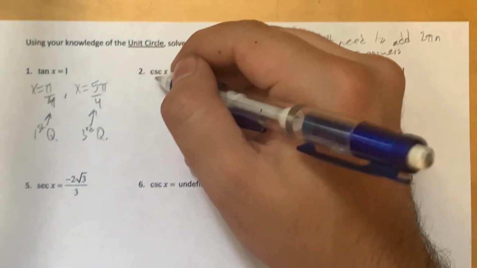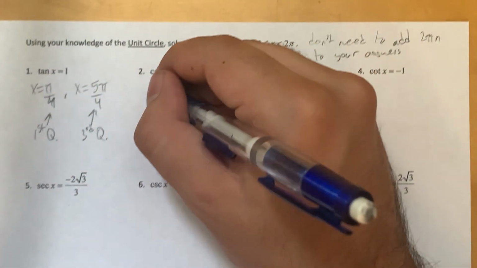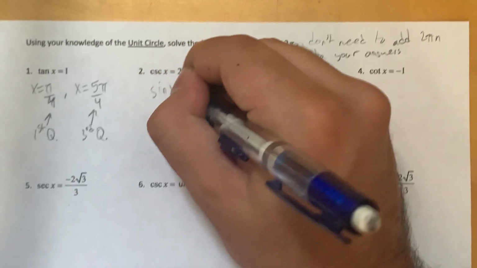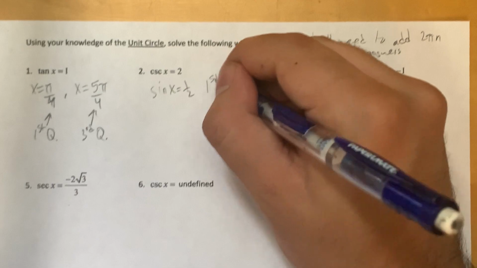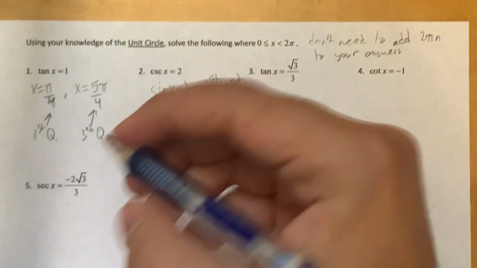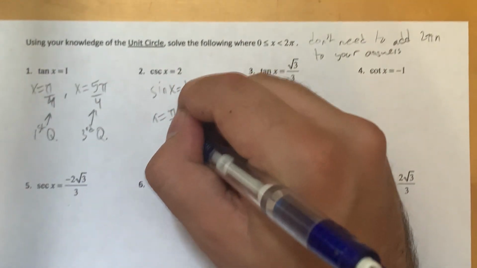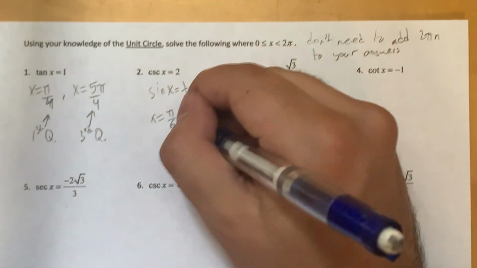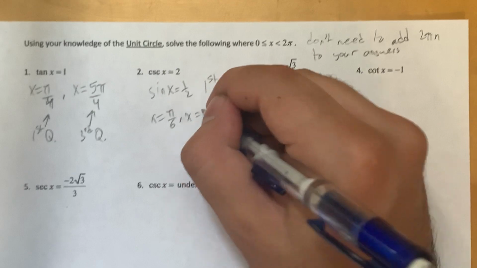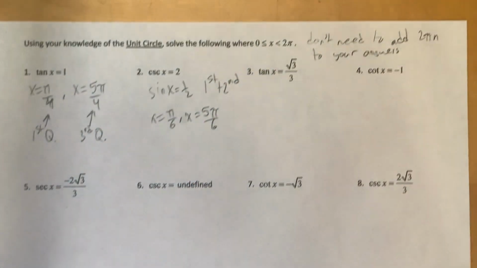So cosecant of x equals 2 can be rewritten as sine of x equals 1/2. We know that's going to be in the first and second quadrant. So x equals pi over 6, comma, x equals 5 pi over 6, right?